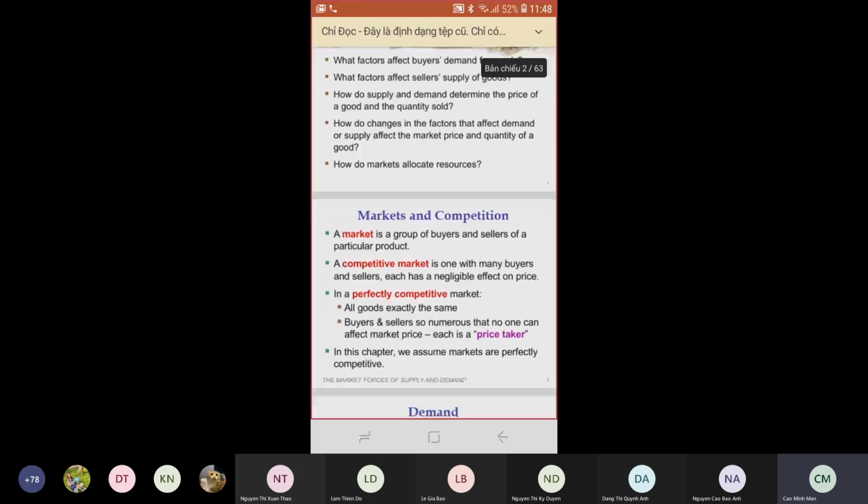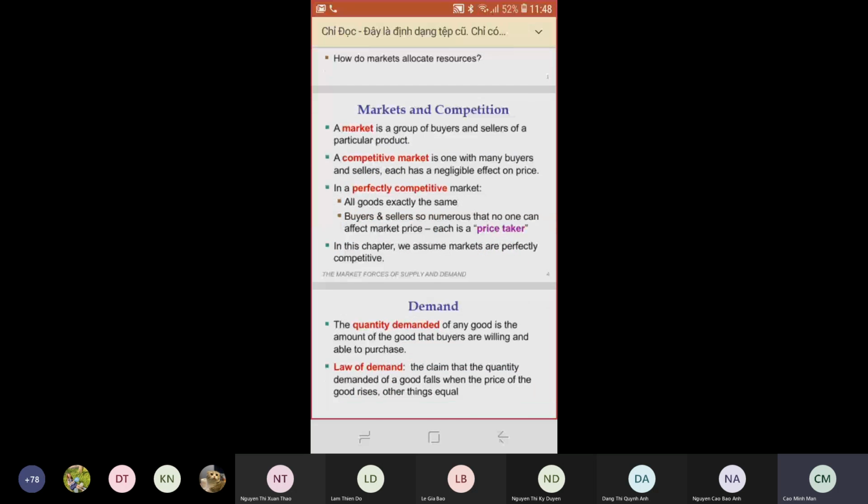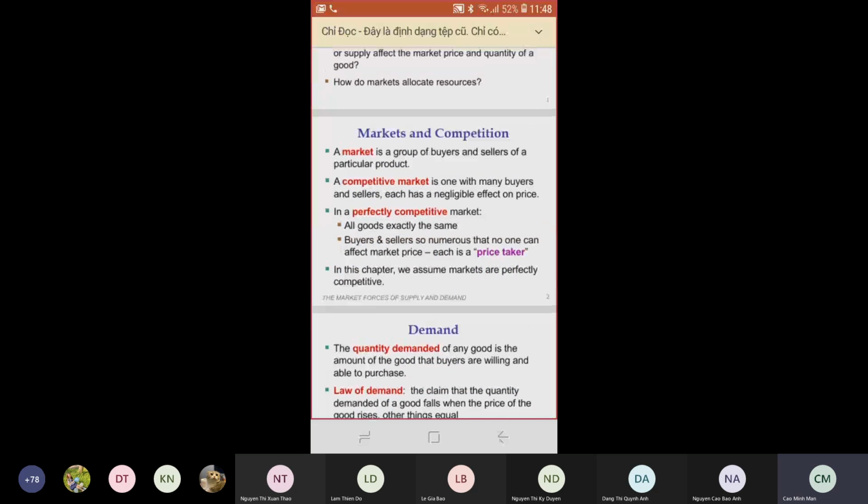Before the law of supply and demand, you should know these 3 concepts. You have to remember. Usually the lecturer will rely on these simple concepts to decide the multiple choice questions for your midterm.